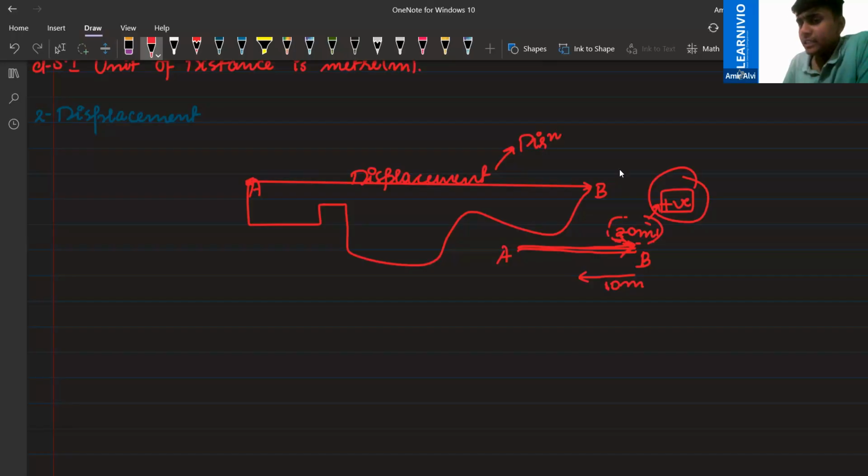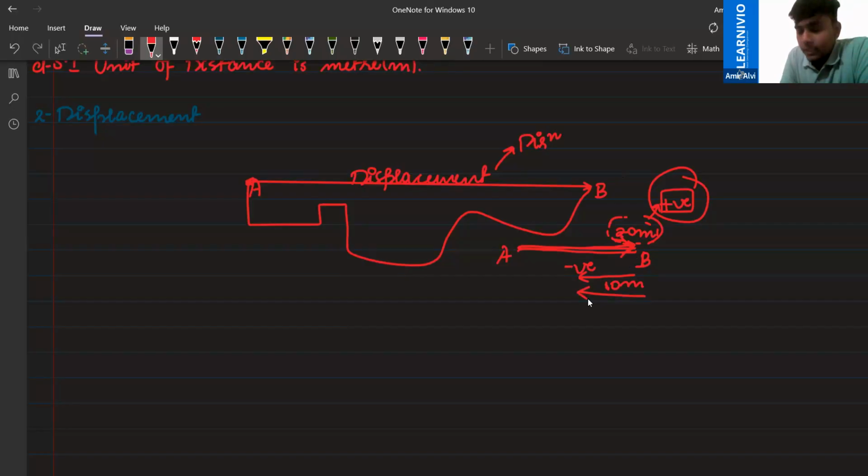It's up to you, you can take this side as negative, but in the NCERT textbooks everything is taken with this side as positive, so it's better to follow the same thing. And this side will automatically become negative. That means the measurement you do in this direction would automatically become negative. Is that clear?